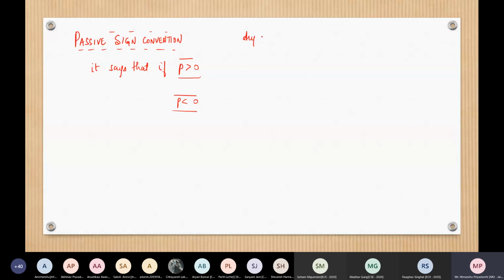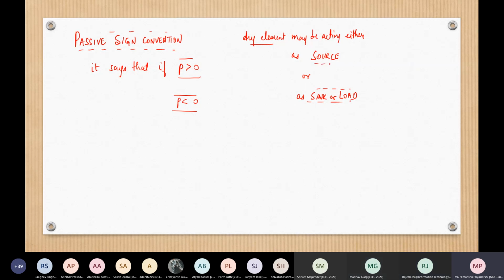Any element may be acting either as a source or as a sink or load, right?